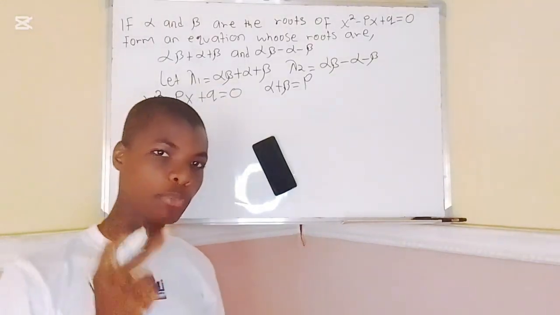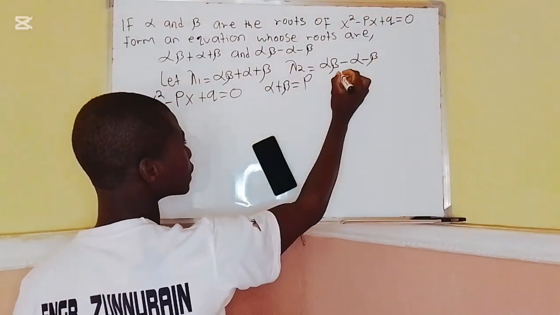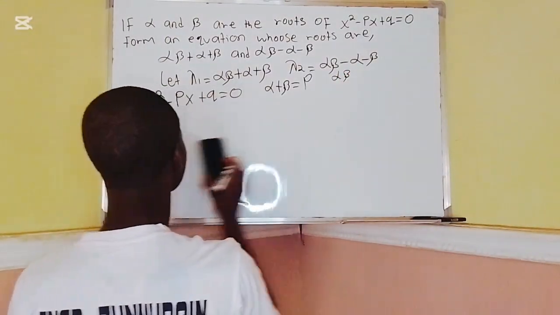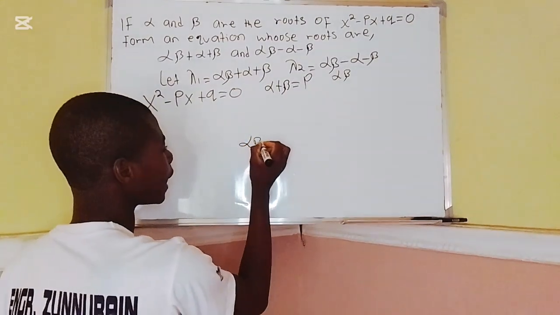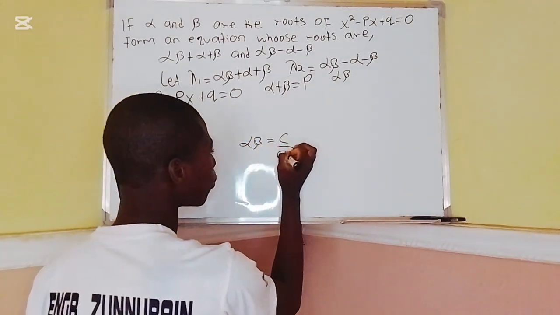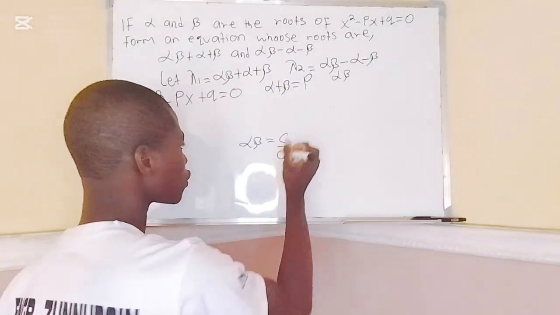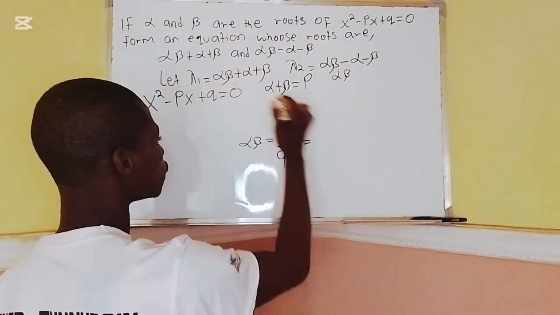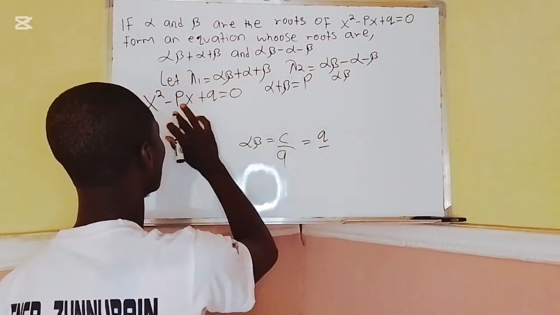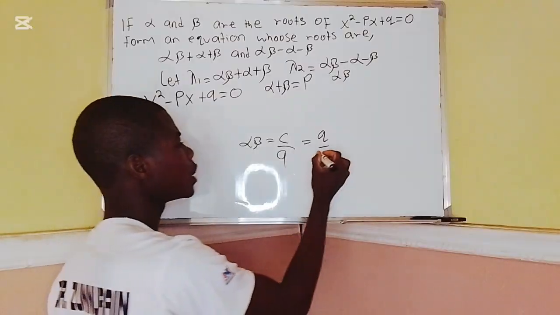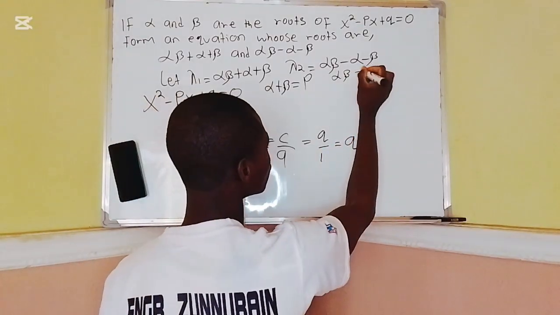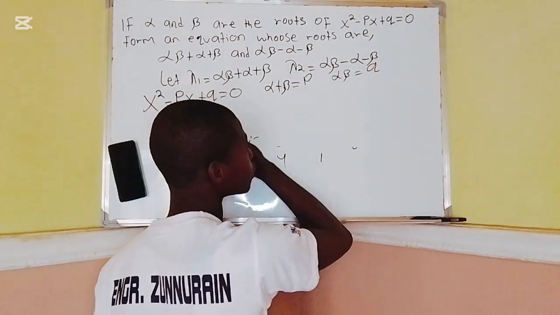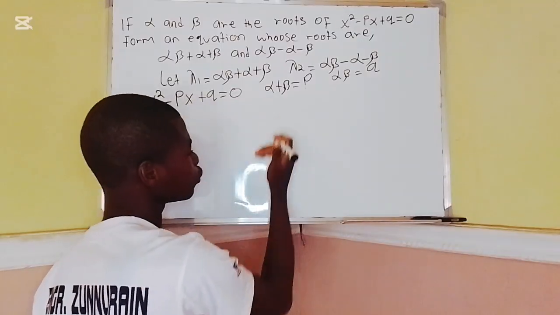And then find the product of the roots, alpha beta. Alpha beta equals c over a. The value of c is q and the value of a is 1, so it equals q. So the alpha beta is q.